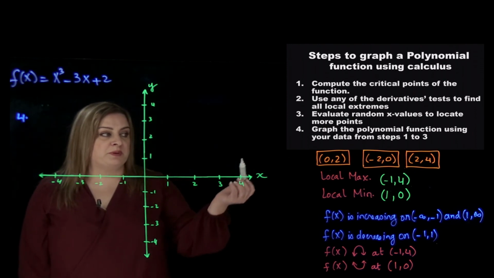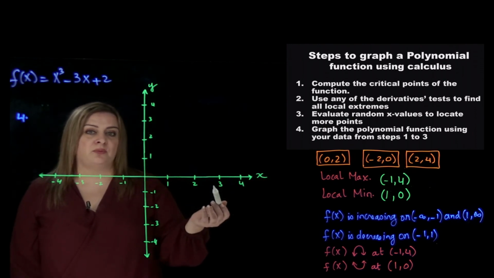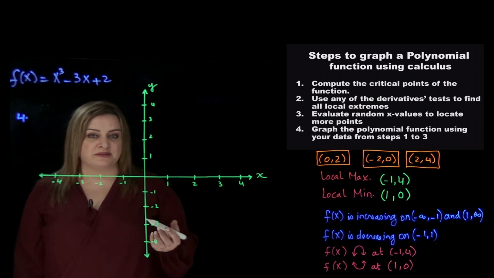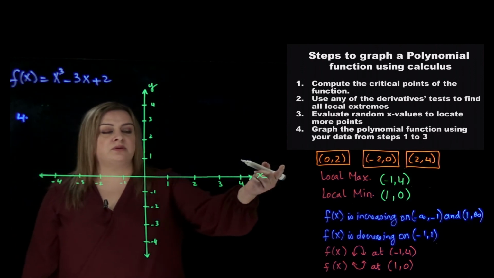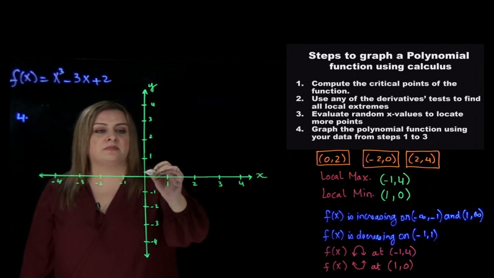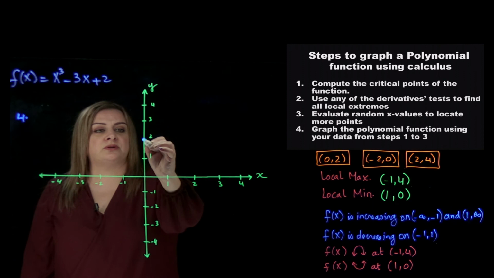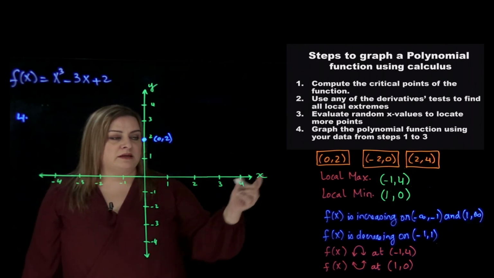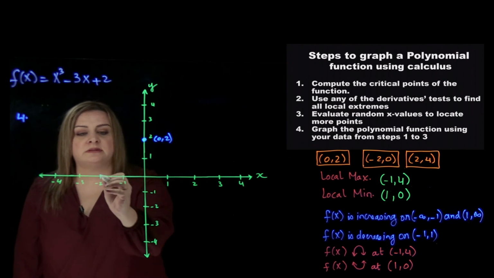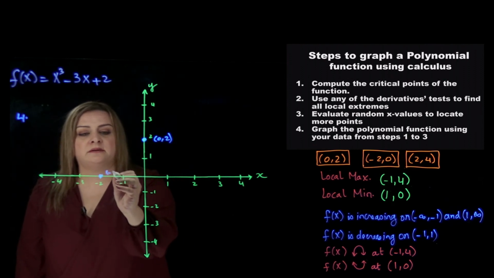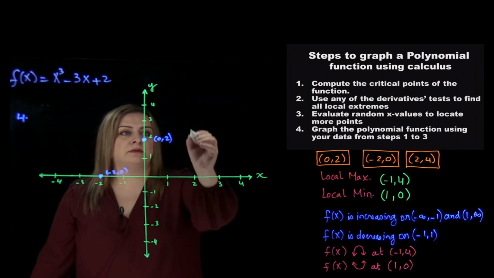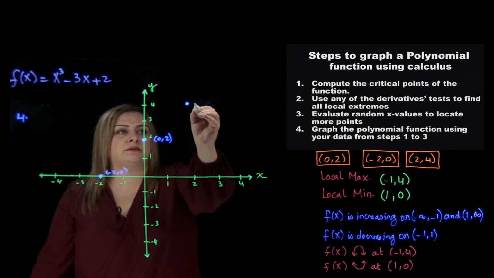What we will do is plot our points on the x and y coordinate plane, connect our points, and graph our masterpiece. Starting with the point (0, 2), we will plot (0, 2) right here. (-2, 0) is right there. (2, 4) is somewhere here.